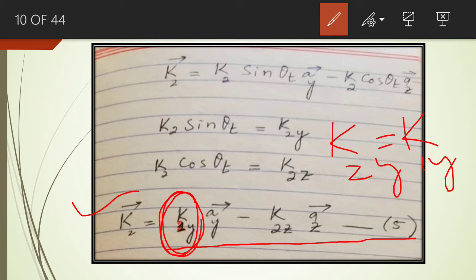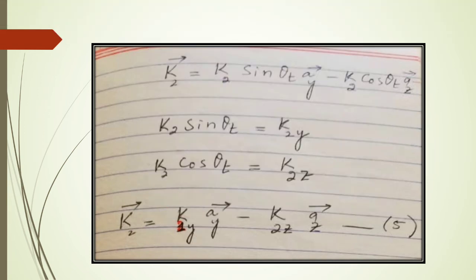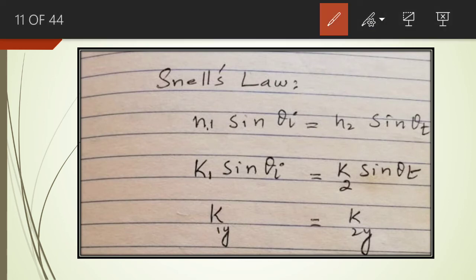We are going to consider Snell's law, and we are going to show that k2y will be equal to k1y. So we will consider k1y in equation number 5 instead of k2y. So let us consider Snell's law, and let us show that k2y is equal to k1y.